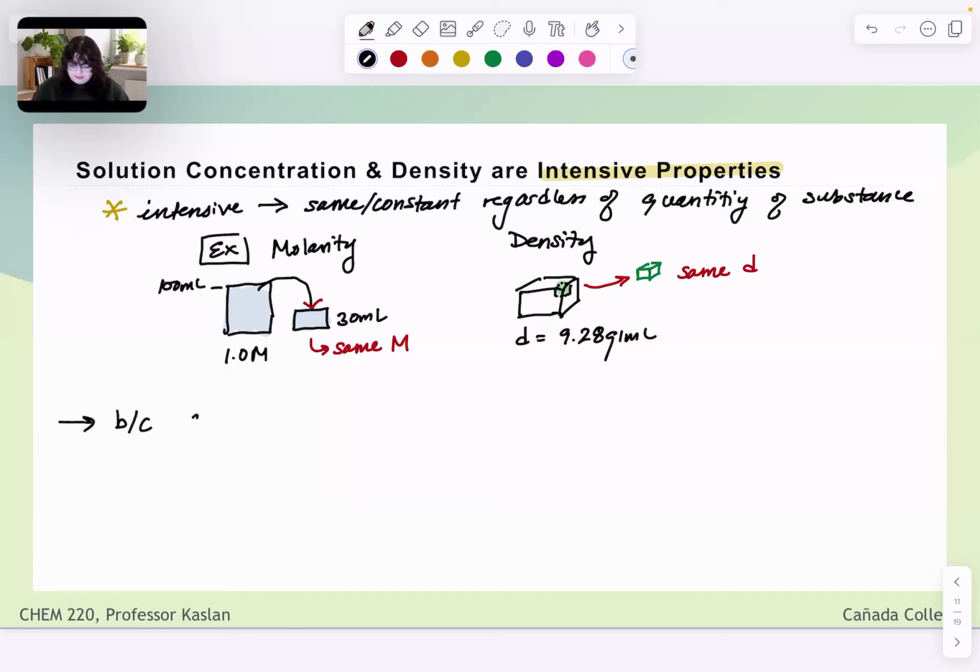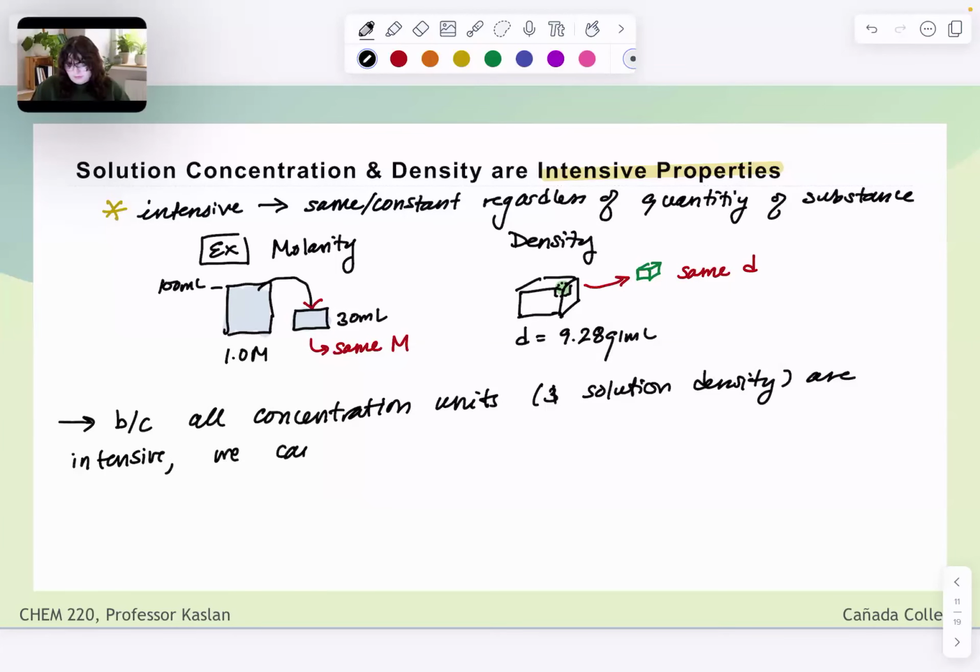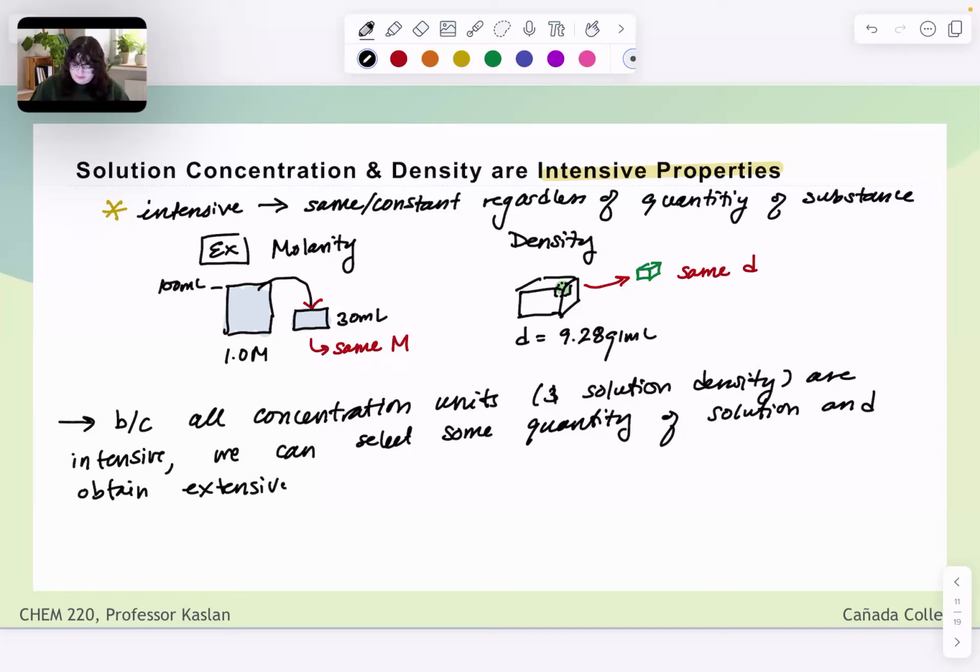Because all concentration units and solution density are intensive, we can select some quantity of solution and obtain some extensive properties in that quantity.